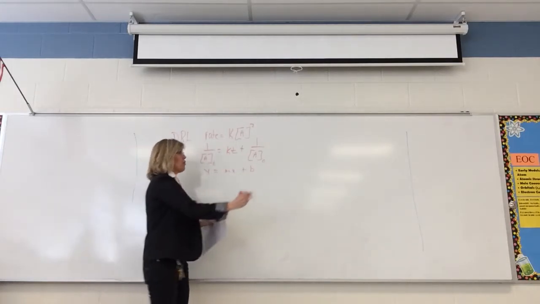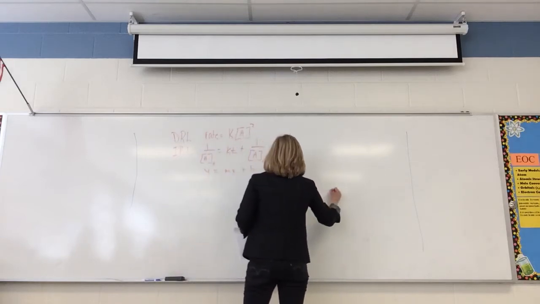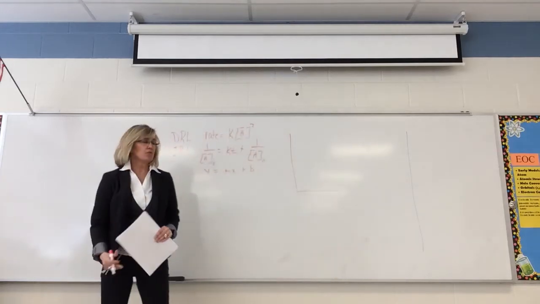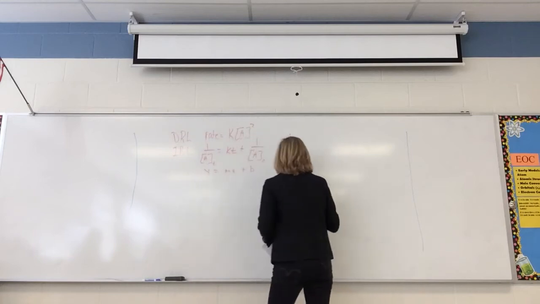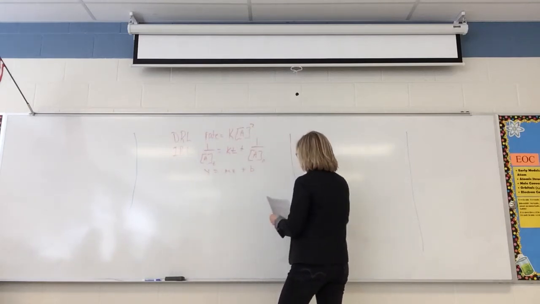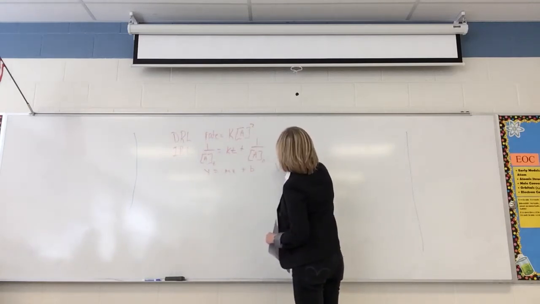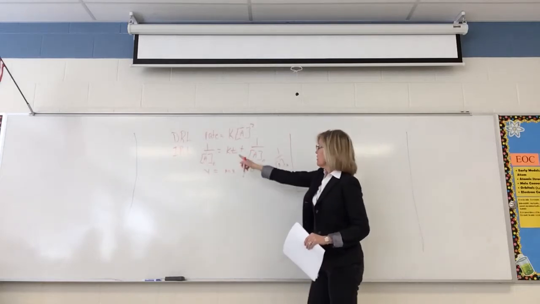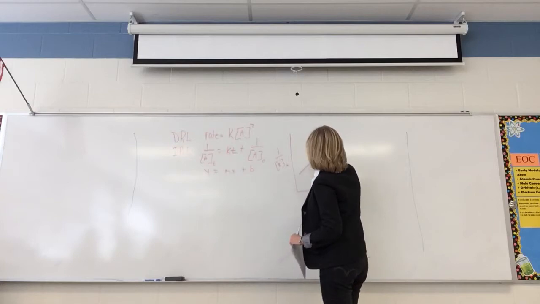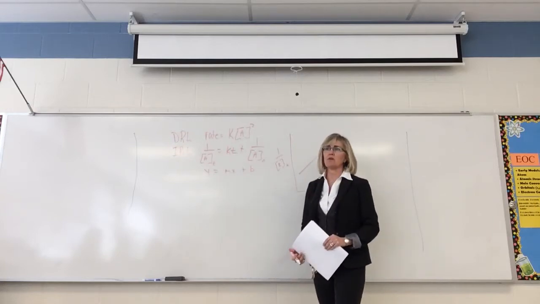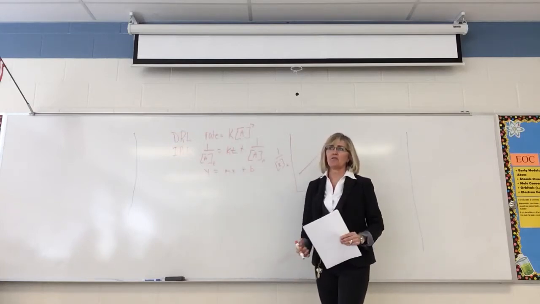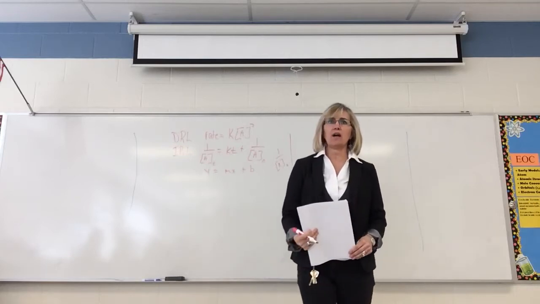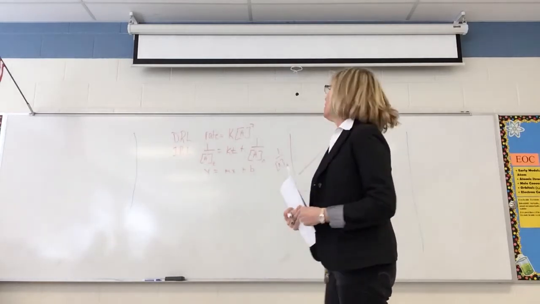You put that on a graph, and the graphical relationship of a second order reaction is time versus 1 over the concentration at a given time. And notice this is positive. It is the only one that has a positive slope on its graph. So a second order reaction is the only one that graphs with a positive slope.